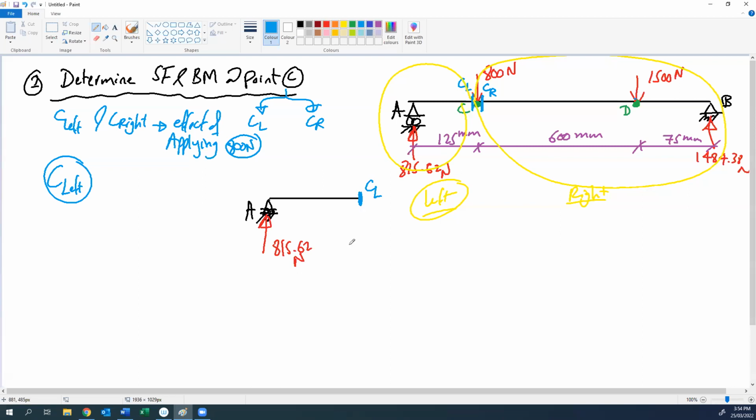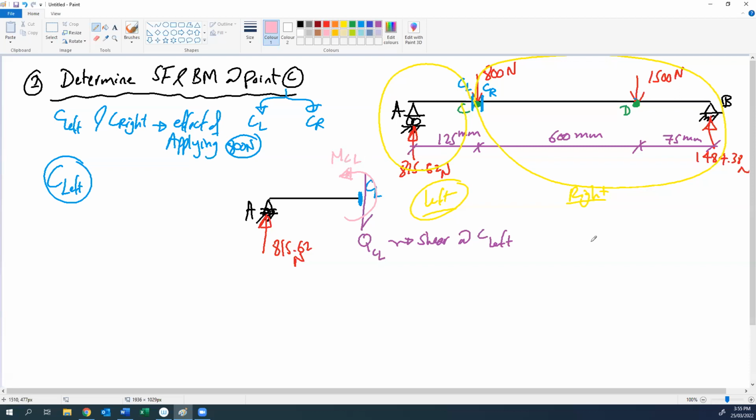When we cut, the straining actions or internal forces appear. We will find that we have something called QCL, or shear at point C left, from the left. Another thing we will find is the moment. So we will have a moment at C as well, which we call MC left.